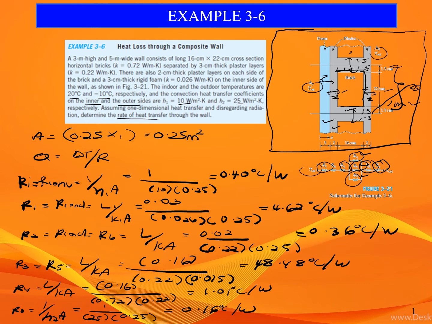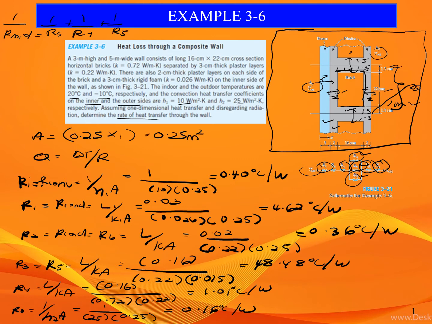So R mid, 1 over R mid is equal to 1 over R3 plus 1 over R4 plus 1 over R5.